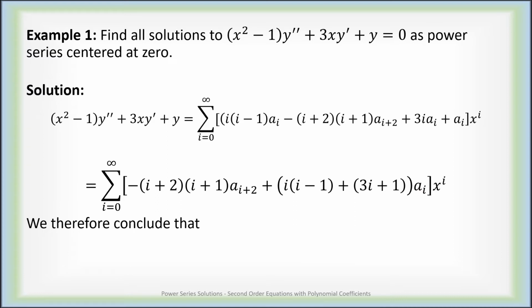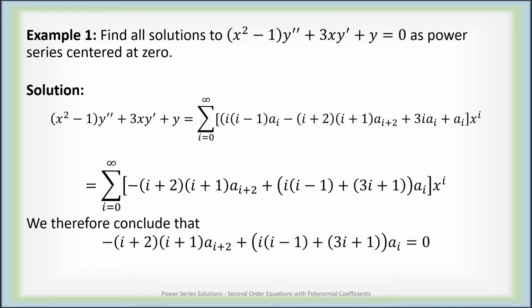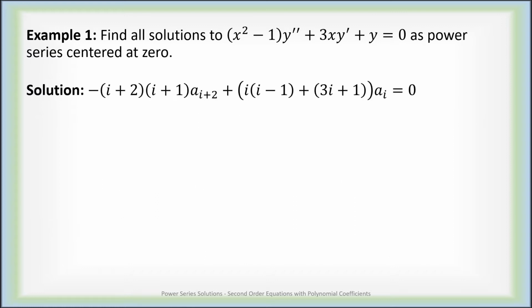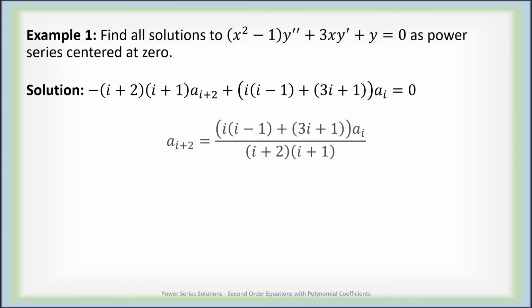Therefore, since this power series represents a converging power series on an interval because we were at an ordinary point, which is always equal to 0, all of those coefficients must themselves be equal to 0. So we've just deduced this formula for the coefficients of our generic power series solution. We can solve this for a_(i+2) in terms of the previous a_i. So a_(i+2) is now this expression times a_i.